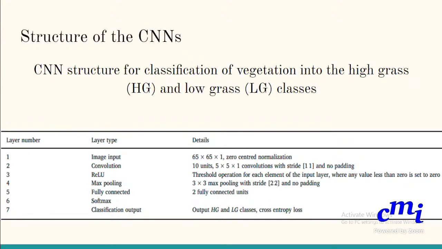Next is a ReLU and a 3 by 3 max pooling layer with 2 by 2 strides. Another is a fully connected layer, a softmax layer, and a classification output, which classifies the image as high grass or low grass class. We have used cross entropy loss.